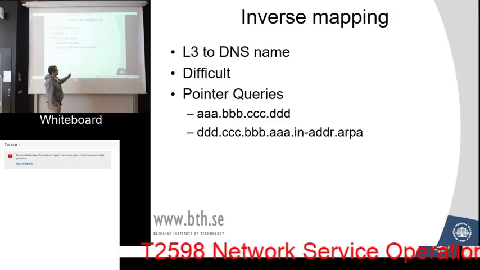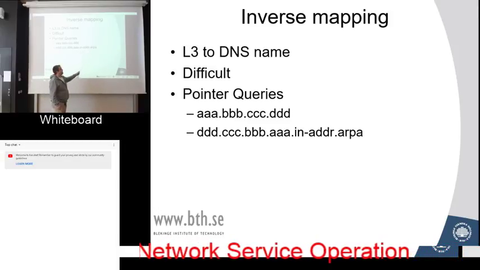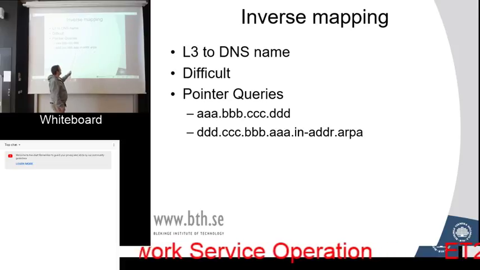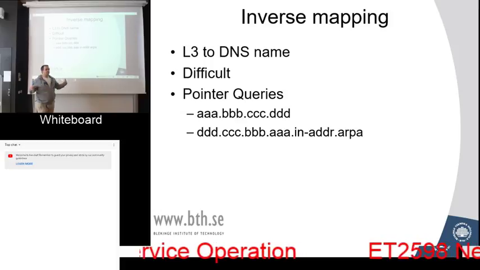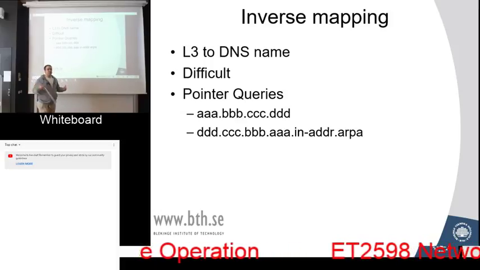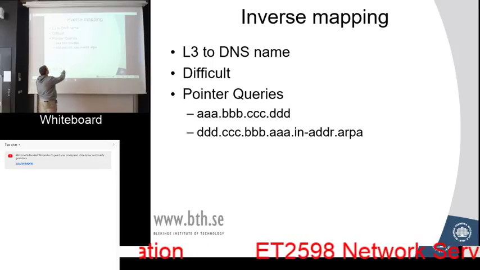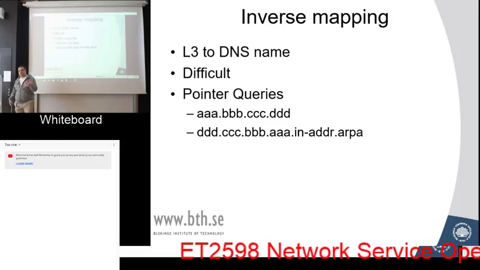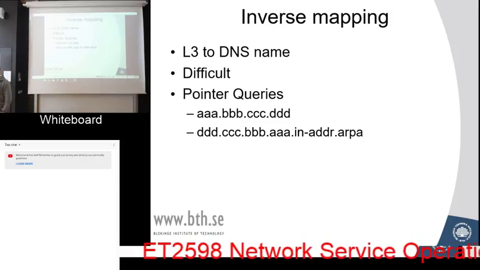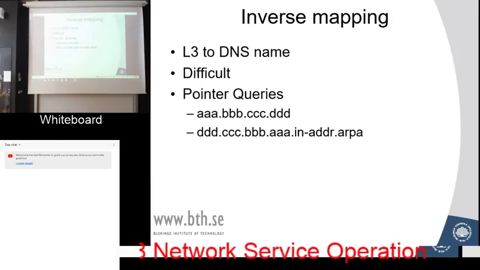This is resolvable because we walk this way, right? ARPA, in-addr, A.B.C.D, that identifies a match, and that match is a pointer that points to the DNS name that you specified in the beginning. But you see, compared to looking up the string, this is more complicated.